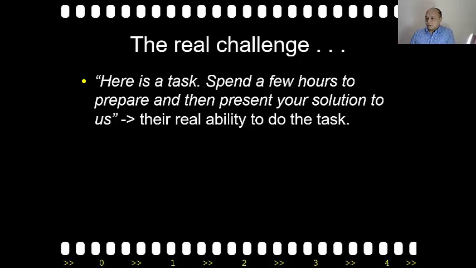So this will give you an idea of their real ability to do the task. That's why this is an important part of your interview, one of the very useful steps that you can use in order to select the right applicants.